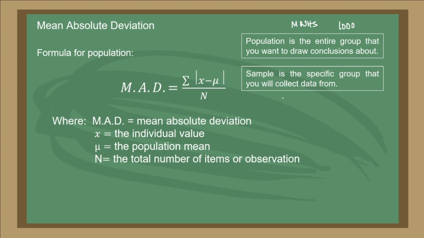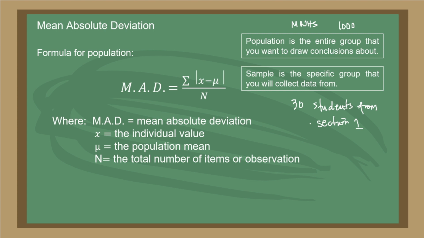When you get the sample, you will only collect a portion of that 1,000. For example, you will just get 30 students from section 1. So the size of the sample is always less than the total size of the population. That is the difference between the two.